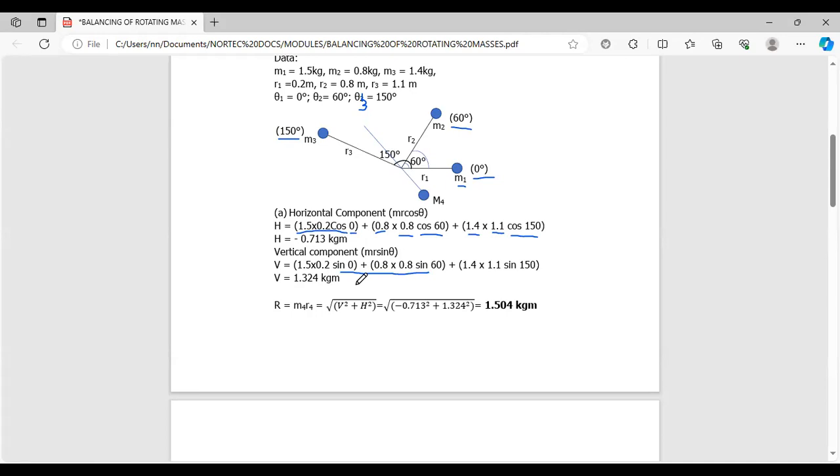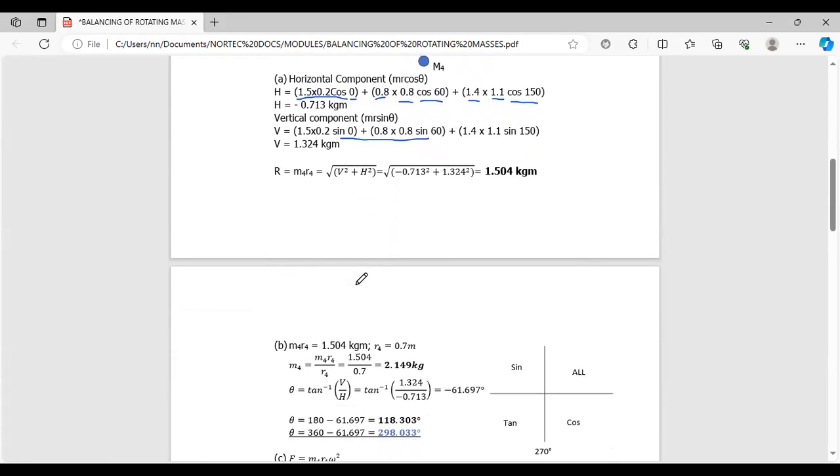Looking at the working, you already have H, and you also have V. Then you can now combine them. In this case, we are going to use Pythagoras theorem to find our imbalance. How much out of balance force are we having? From there, I can see that it is the square root of V squared plus H squared, remembering that the vertical and the horizontal meet at right angles and make a right angle triangle.